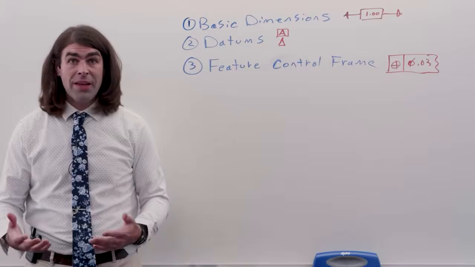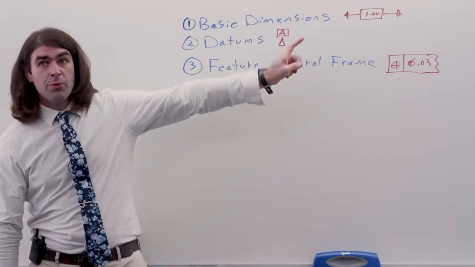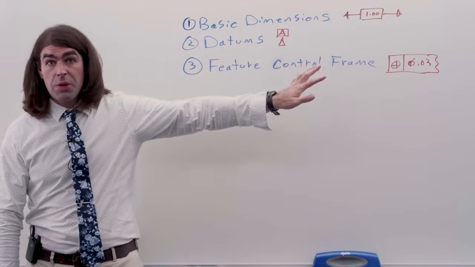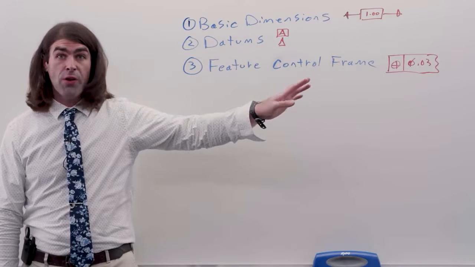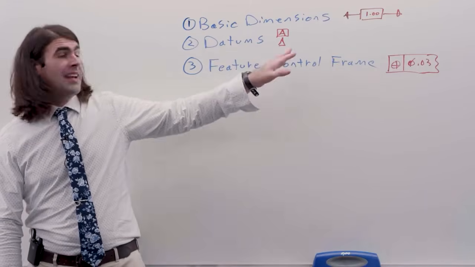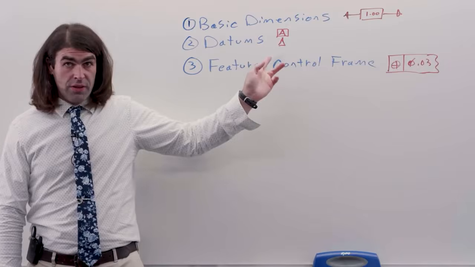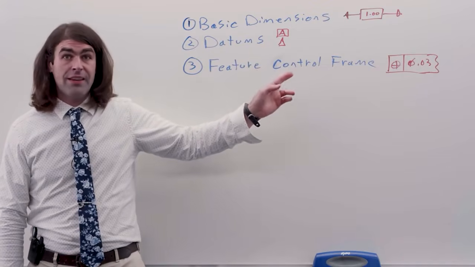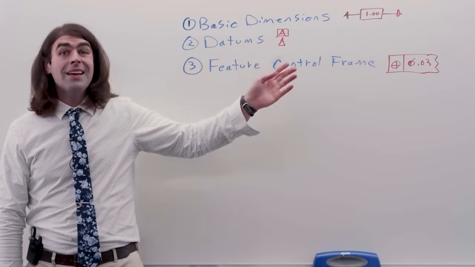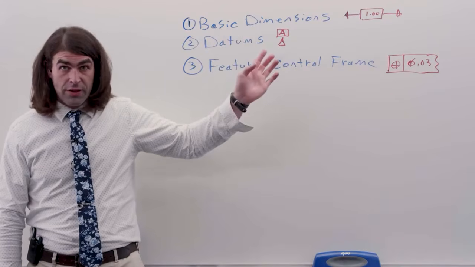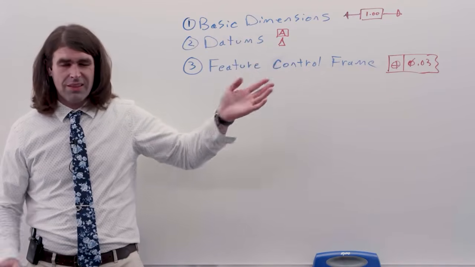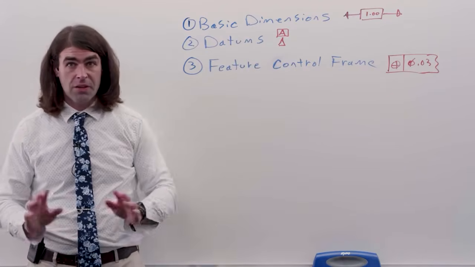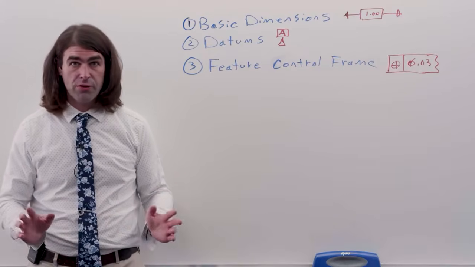Now, a basic dimension can look like this with a box around it, or there can be a note on the drawing that says all dimensions are basic. Datums, now this is the datum feature symbol that identifies a datum feature. The datum feature reference is in the feature control frame. It's a lot of terminology, but you can just call them datums and people know what you mean, okay?